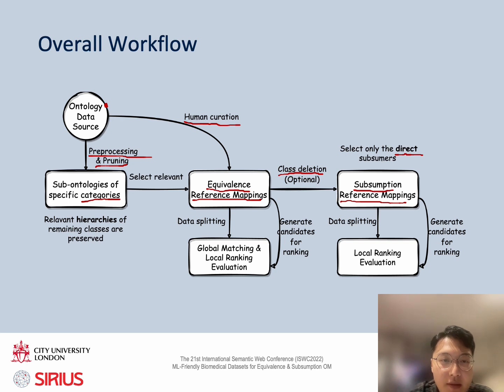With these two sets of reference mappings, we apply data splitting to support machine learning systems. And there are two kinds of evaluation, global matching and local ranking, which I will explain in the next few slides. And for the local ranking in particular, there's also an algorithm for generating selective negative candidates.